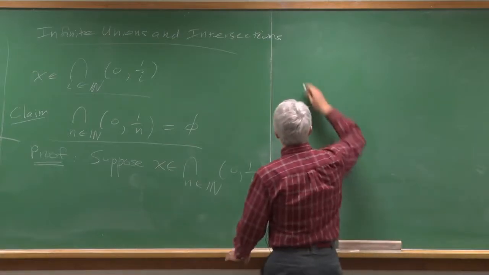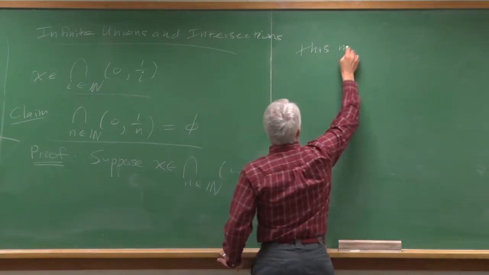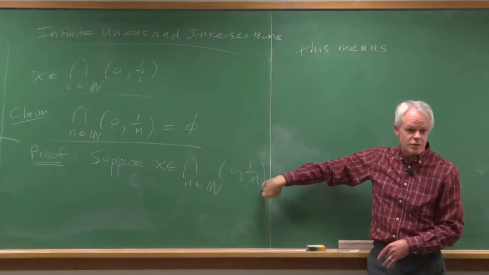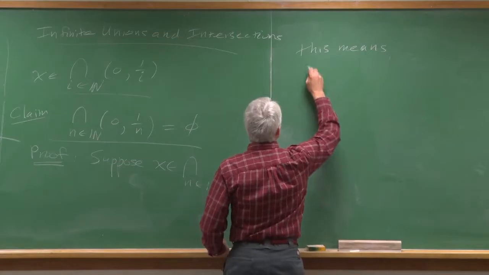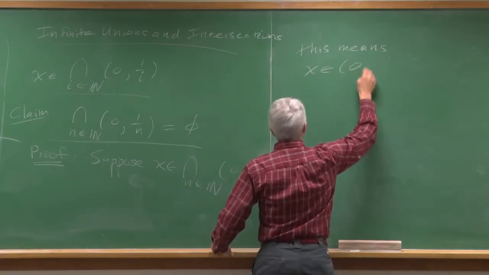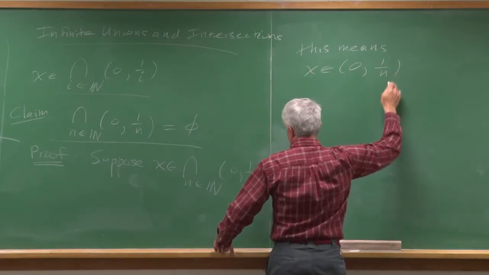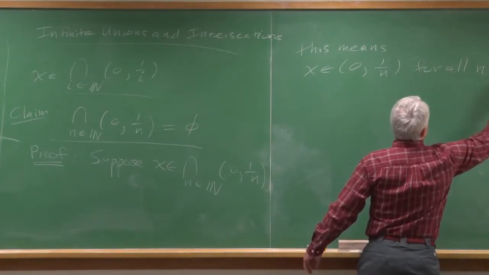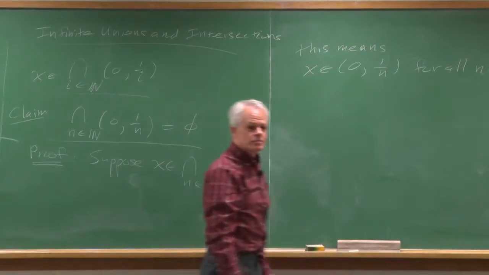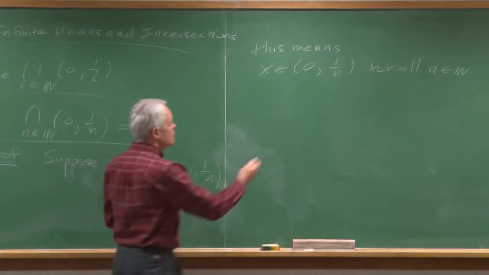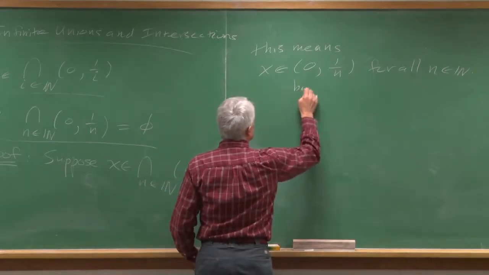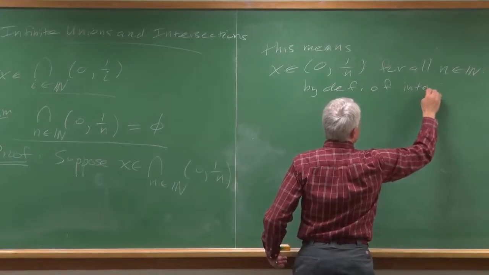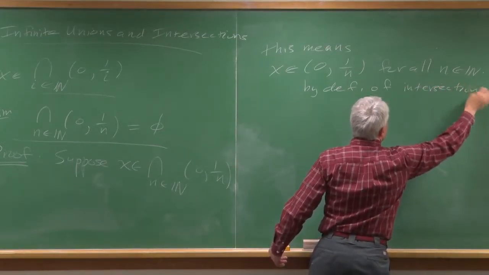So this means that x is in every one of these. That's what the intersection means. For all of these. Good? And what's the reason for that? It's good to explain. That's the actual definition of intersection. Okay.